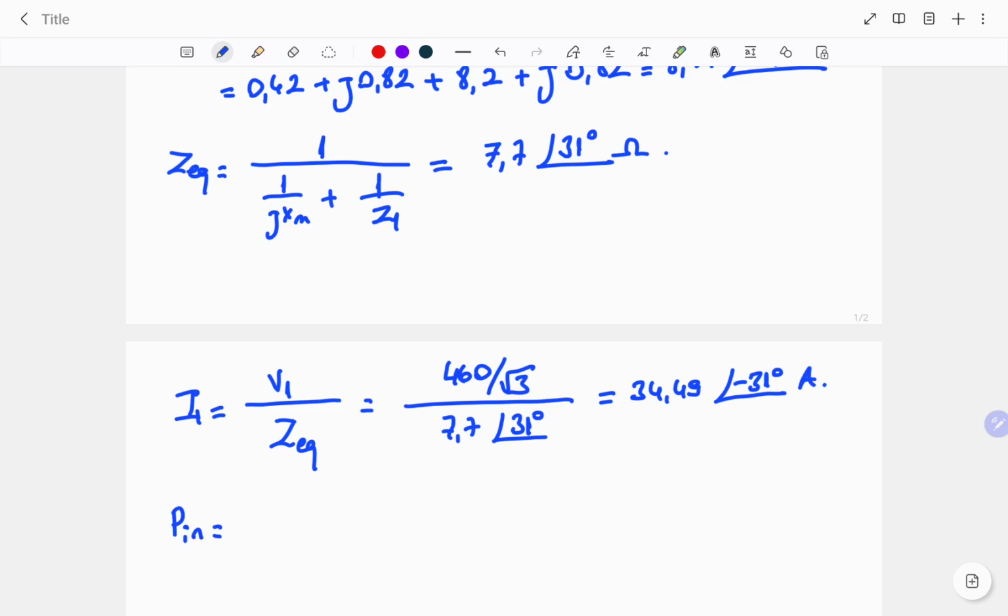Input power will be 3 times V1, I1 and cosine theta.